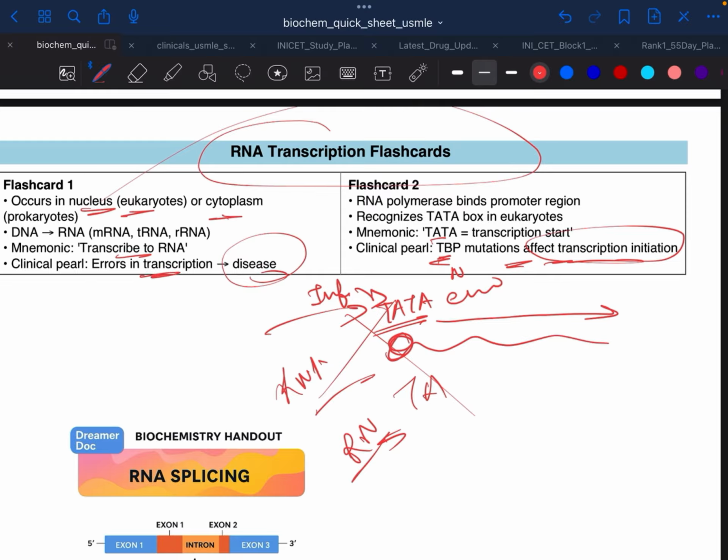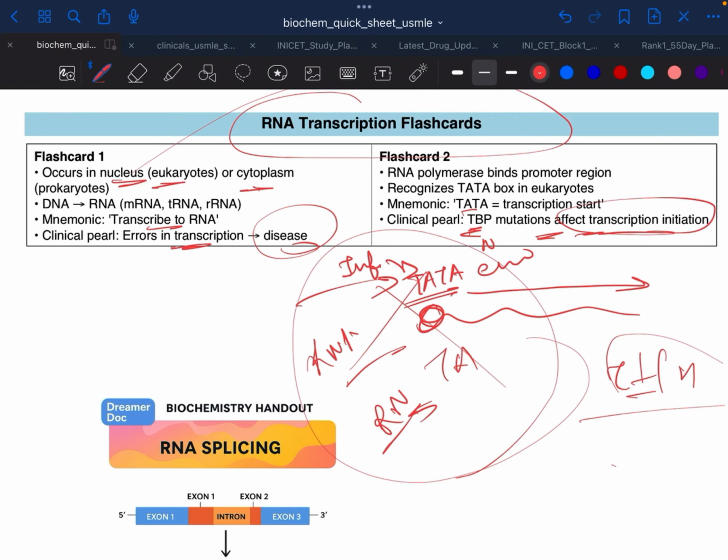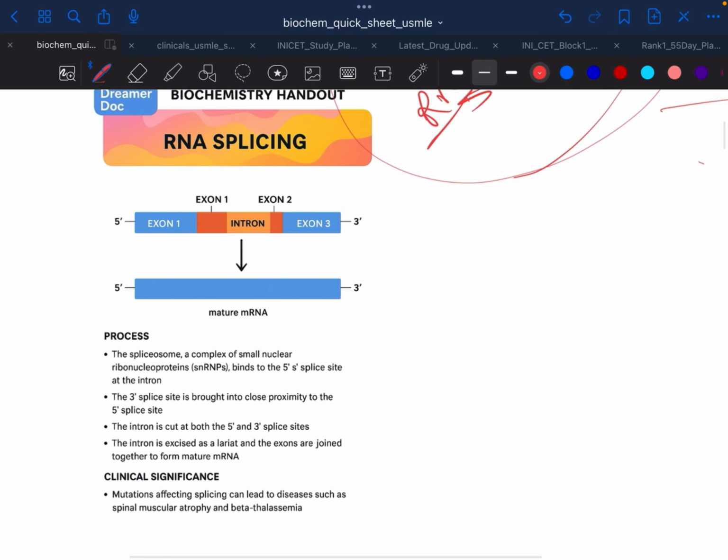Okay, so we have to learn those diseases, and we have to learn our splicing mutations. Okay, splicing mutations in First Aid also, it has given only up to that which I told you. Okay, 1, 2, 3 RNA polymerase, their functions pass only that, but the main thing is this splicing. Okay, you have to know this splicing process, because this has many genetic diseases.